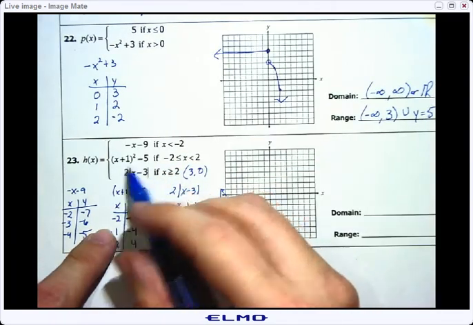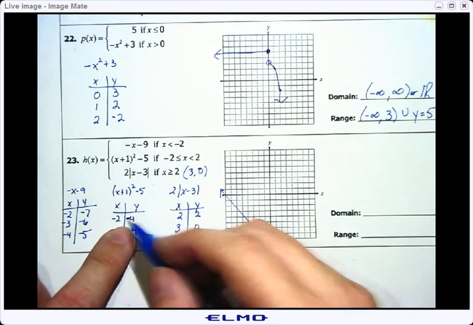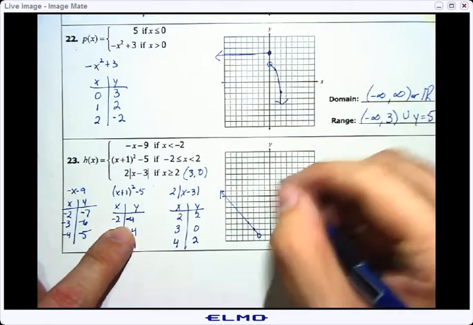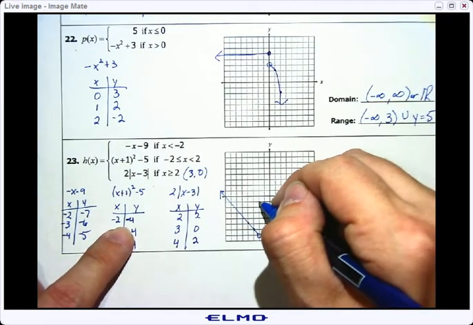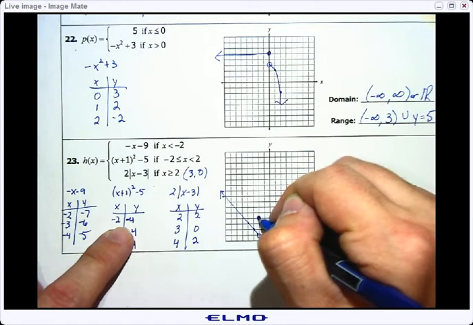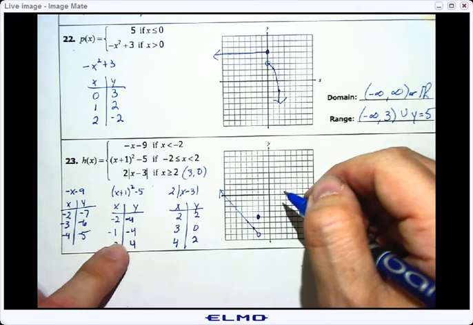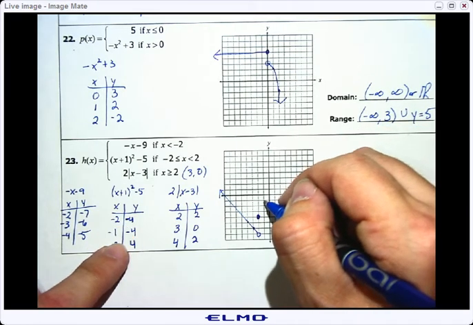Plug in a -2, square it. No, -2 plus 1. That's -1, square it. No, yeah, that should be -4. Messed up on my point there. So -2, -4, we would have a closed circle because of that inequality. We have the point -1, -4.